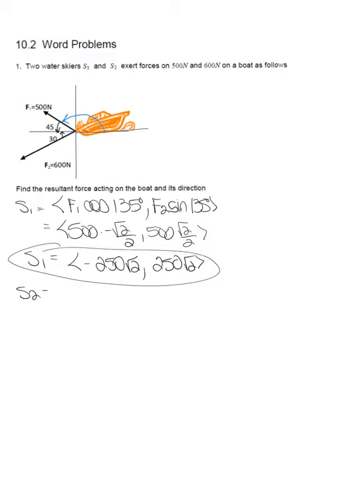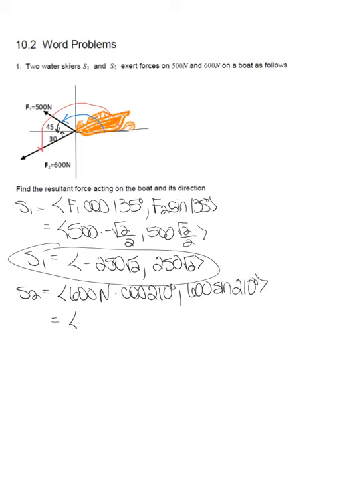Our second skier, we're going to use its force, which is 600 newtons, times the angle that it makes with the positive x-axis, which is actually going to be a 210 degree angle. So 600 newtons times the cosine of a 210 degree angle, and then the magnitude, which is 600, times the sine of a 210 degree angle.